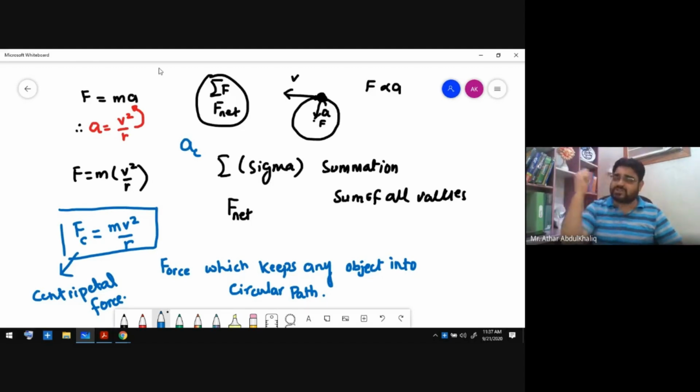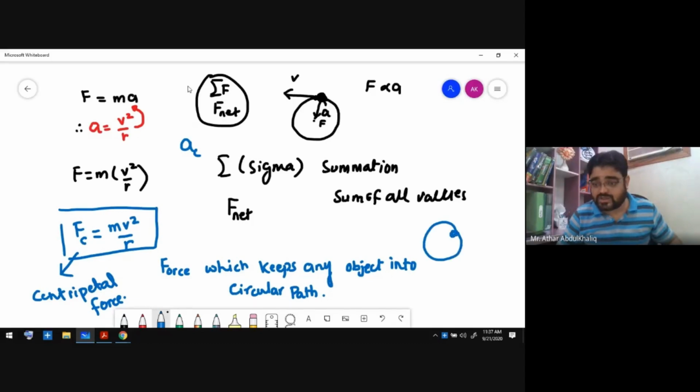So this tension is the centripetal force provided by my hand. If I suddenly release it during the motion, what will happen? Will it stay in circular motion? No. It will suddenly move away from that circular path. For example, if I release it at this point, it will suddenly go in this direction.